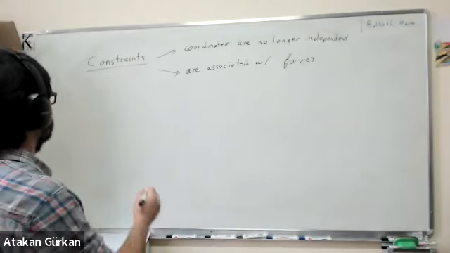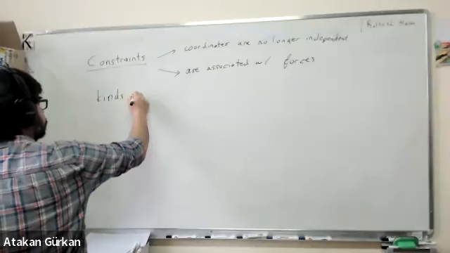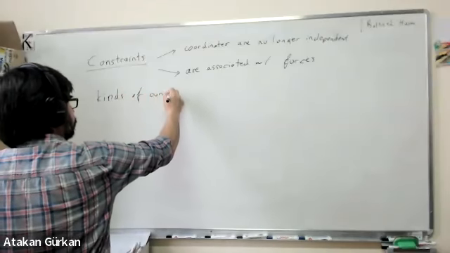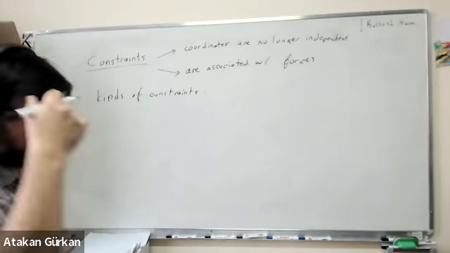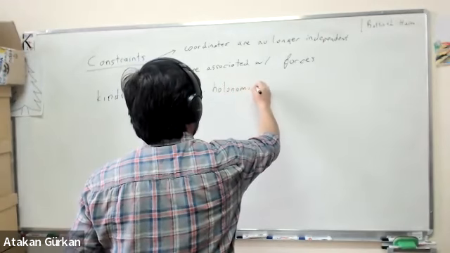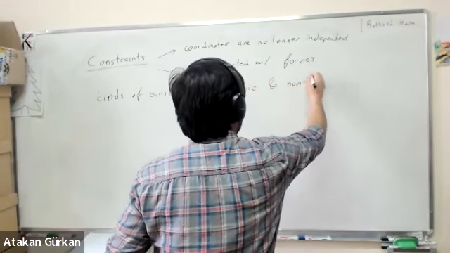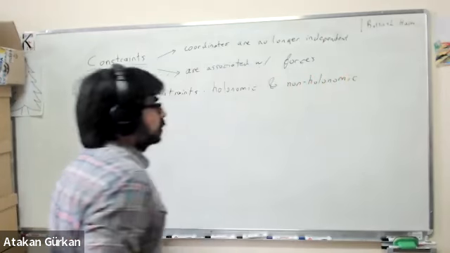Now, there are different kinds of constraints. The most important division for us is going to be holonomic and non-holonomic. So what does this mean?